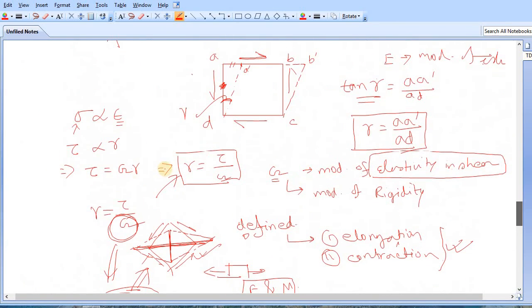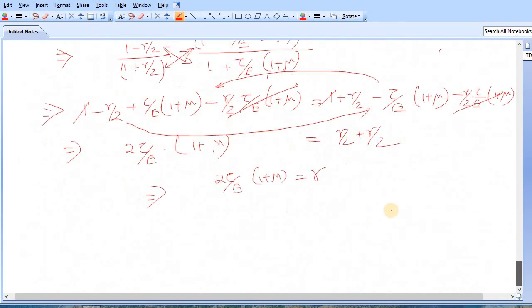And also here, gamma is equal to how much? Gamma is equal to tau by G. Okay, so replace it, tau by G, and again cancel out tau from both sides.